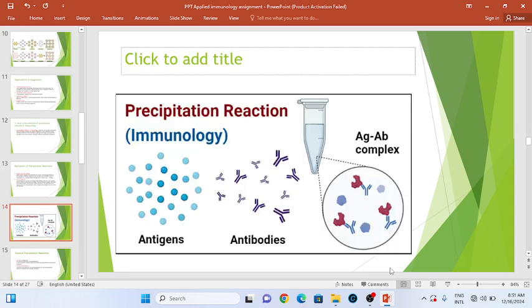Here is how it is performed: we take antigen and add antibody in a solution, where the antigen is soluble, making an antigen-antibody complex to observe formation of precipitate.